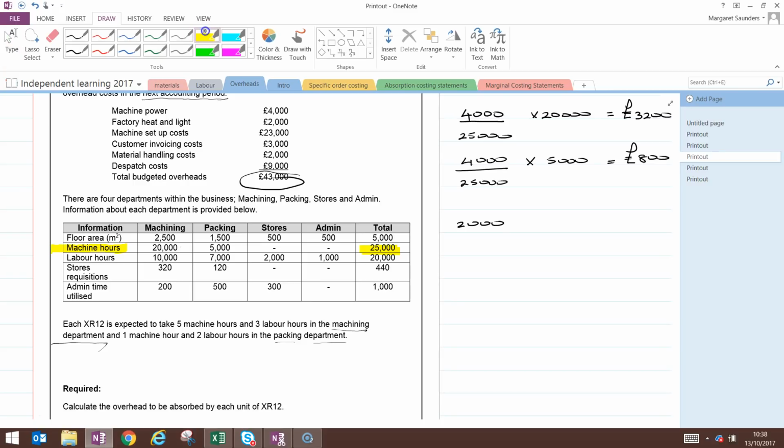So if we look at floor area, it's a total of 5,000. So £2,000 overhead, divide it by 5,000 and then multiply it by the floor area in each of the departments. So we're going to multiply by 2,500.